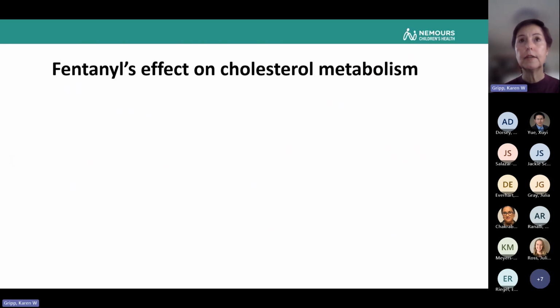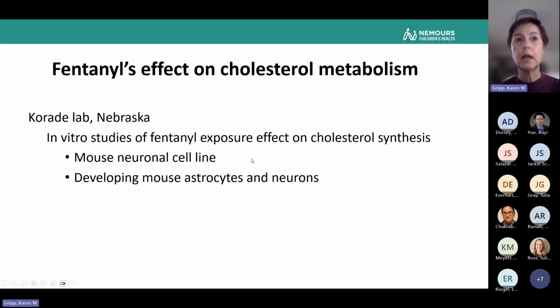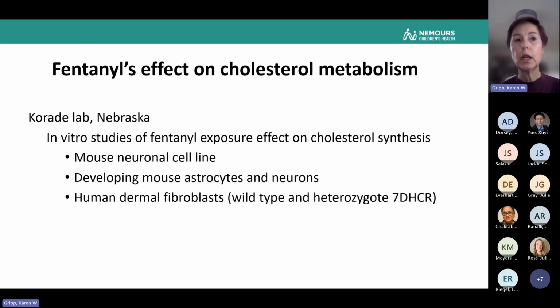So we needed to study fentanyl's effect on the cholesterol metabolism. And we were really lucky to partner up with the Colorado lab in Nebraska that has done this work for many years. They performed in vitro studies looking at fentanyl's effect on cholesterol synthesis. They used a mouse neuronal cell line, developing mouse astrocytes and neurons, as well as human dermal fibroblasts.